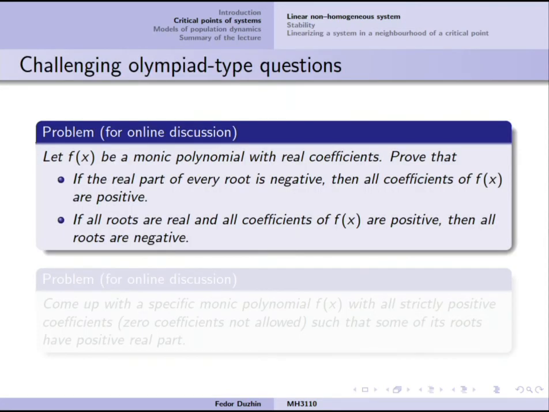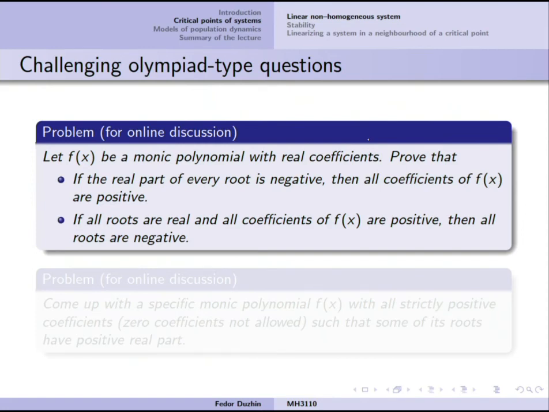So for those of you who like a little bit of a challenge, I suggest that you try to think about it. Prove the following things. If you have a monic polynomial, which means its leading coefficient is 1, with real coefficients, right? Then, if the real part of every root is negative, then all coefficients of the polynomial have to be positive.